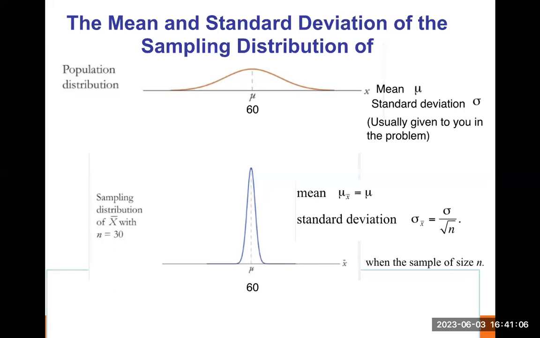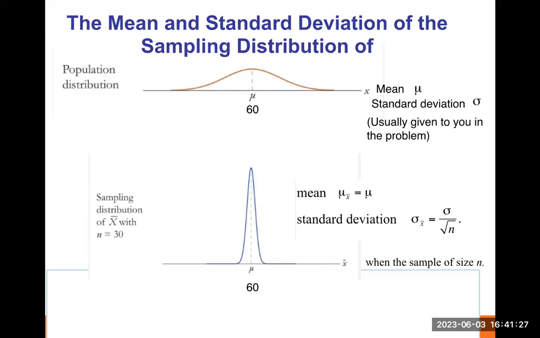Just so that you know, when an original distribution is normally distributed, the sampling distribution is normally distributed as well. But it's a lot narrower because, like we said earlier, the standard deviation is smaller.